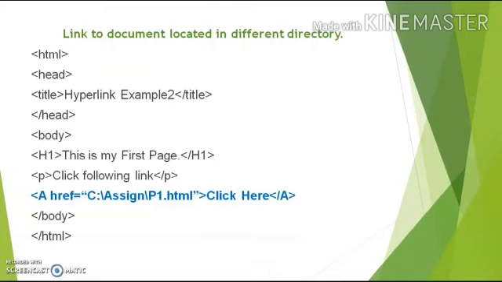Here, click here is hyperlink, where when I will click here, I will jump on p1.html web page, which is stored in C drive. So this is example of link to document located in different directory.